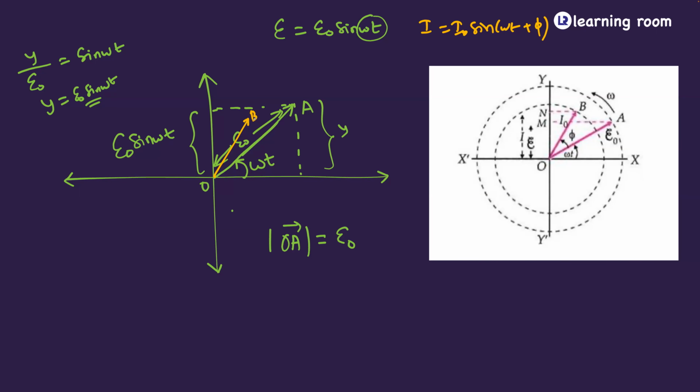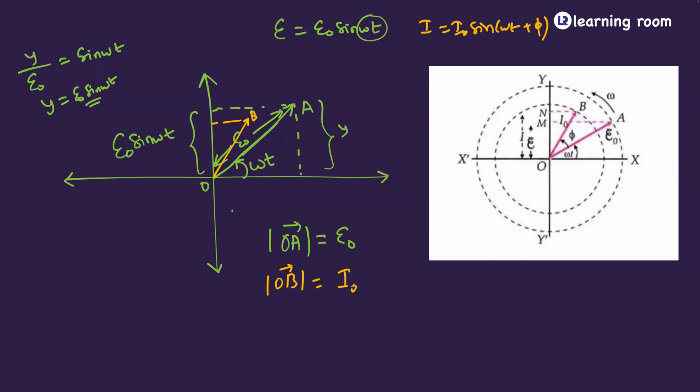Let me call this B. And from here, if I drop a perpendicular, first tell me what is the magnitude of OB vector. See, I'm drawing the vector length of OB less than OA because the output will always be less than input. So current cannot be more than the EMF. So it should be a part of it. Right. So what is OB vector?